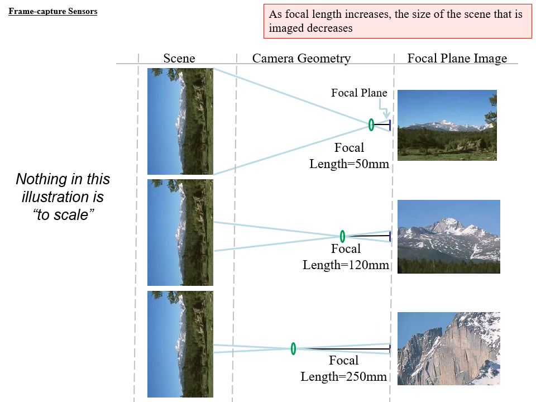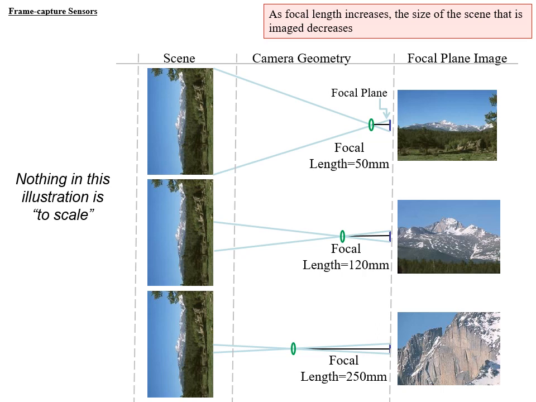If you have a short focal length, the ratios between the angles from the lens to the scene are a large multiplication of the angles and distances within the camera, what we call the exterior and interior orientations. So you're going to be viewing a relatively large area in the world on your focal plane.